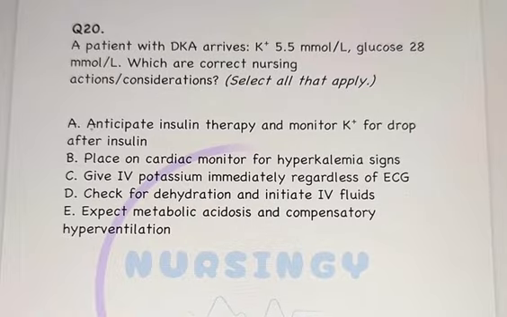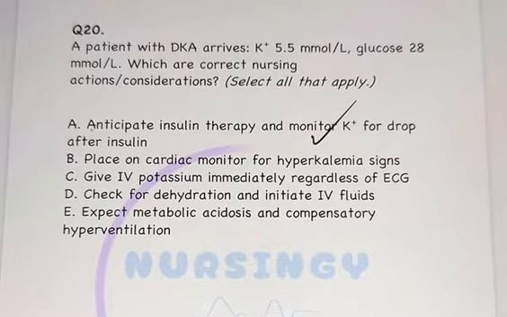We have DKA, and potassium 5.5 is a bit high. A: yes, because insulin helps with potassium, the sodium potassium pump, so it will help to reduce it.